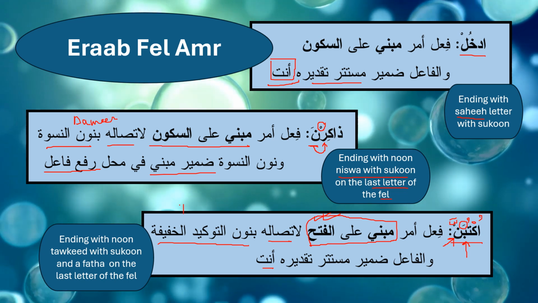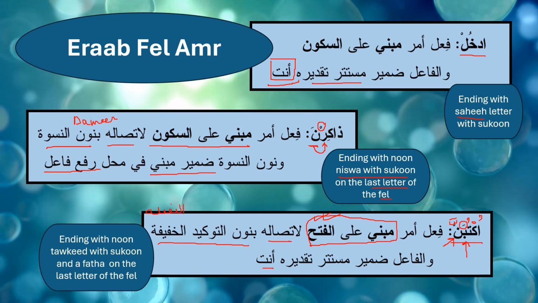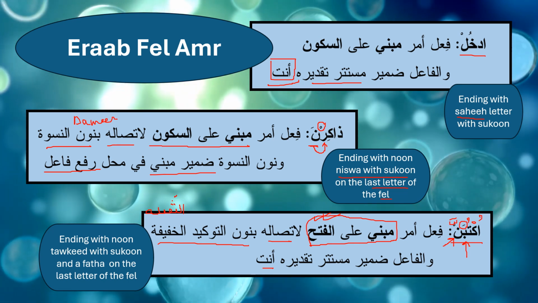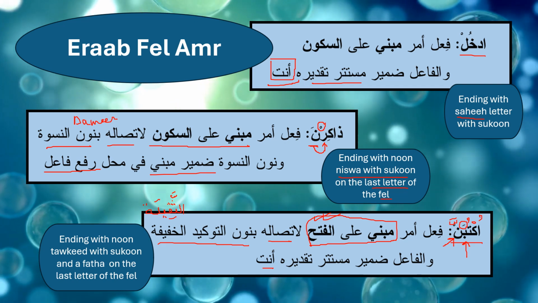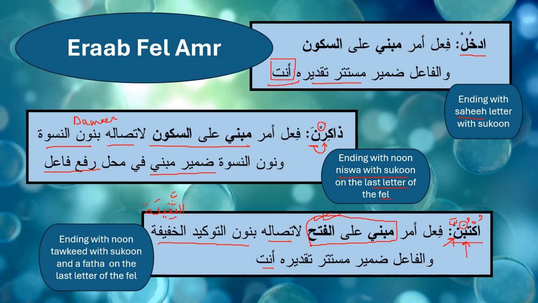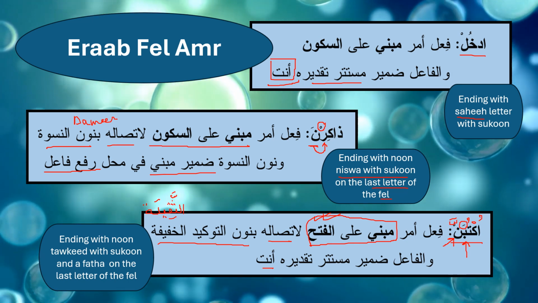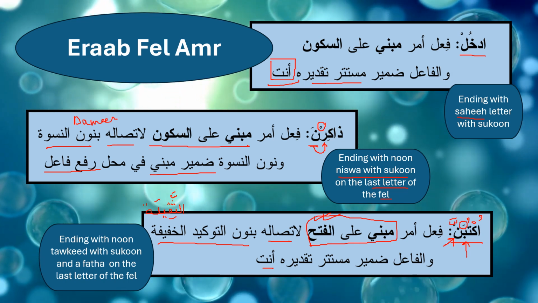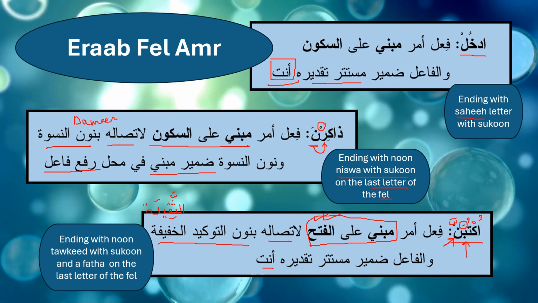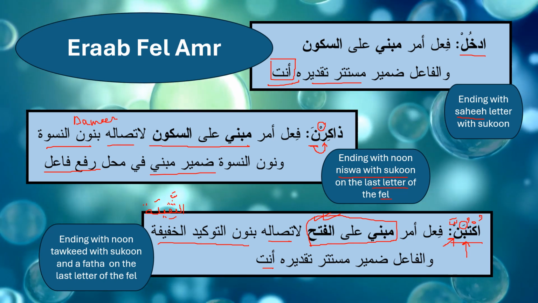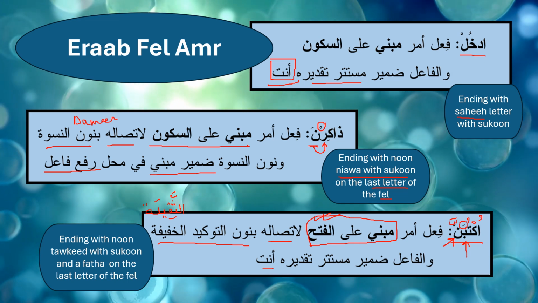So you will only change it to al-thaqila, so your word will be al-thaqila, with ya and ta marbuta. It should be noon tawqeed al-thaqila. With the shadda and fatha, it becomes the heavy noon, or noon of emphasis. So the Arab remains the same, everything remains the same; only instead of tawqeed al-khafifa, you need to write tawqeed al-thaqila, that is, the heavy noon.